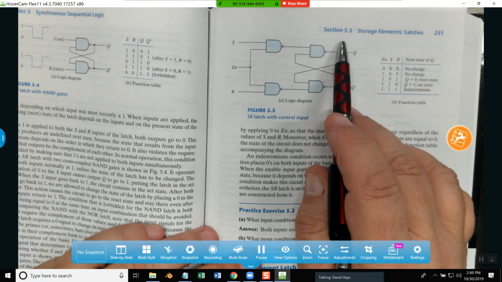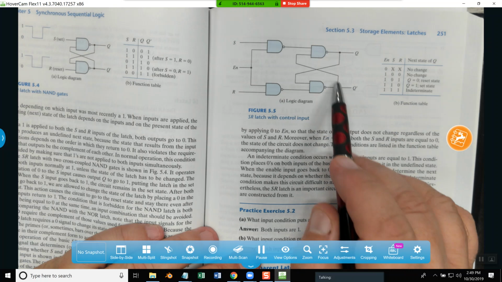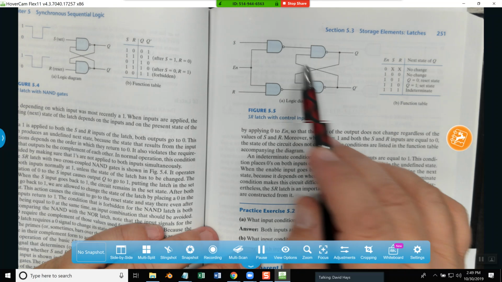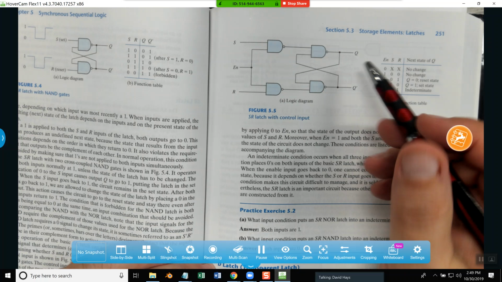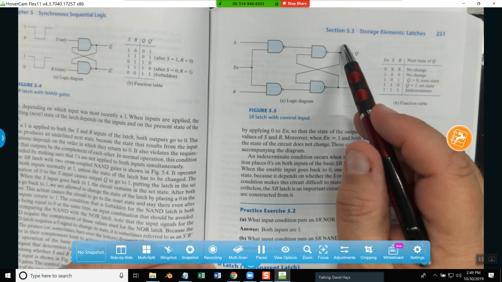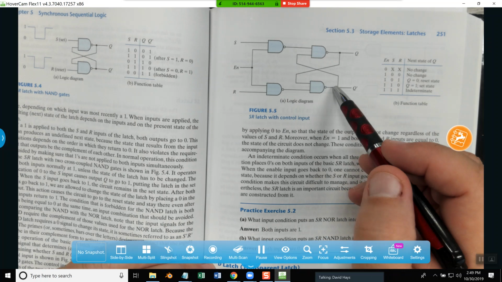The D latch. One way to eliminate the undesirable condition of the indeterminate state in the SR latch is to ensure that inputs S and R are never equal to 1 at the same time. This is done in the D latch. This latch only has two inputs, D and an enable. The D input goes directly to the S input, and its complement is applied to the R input.